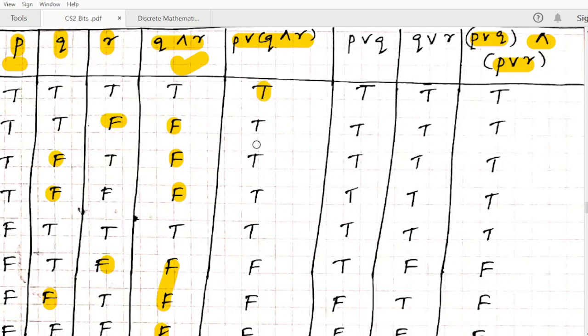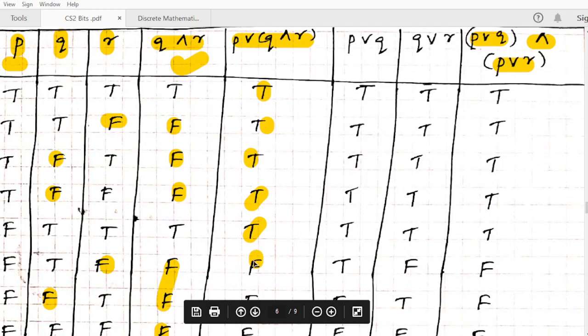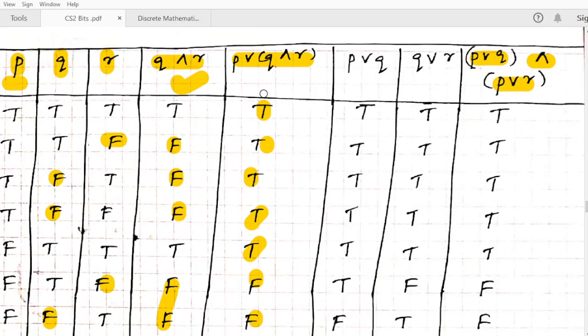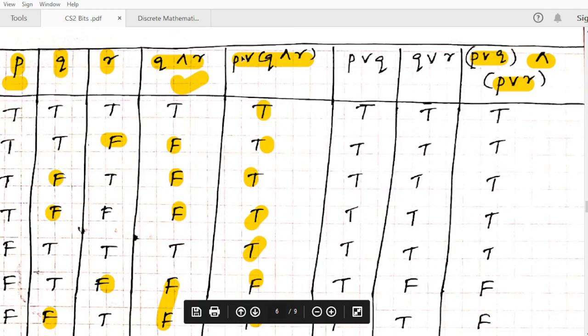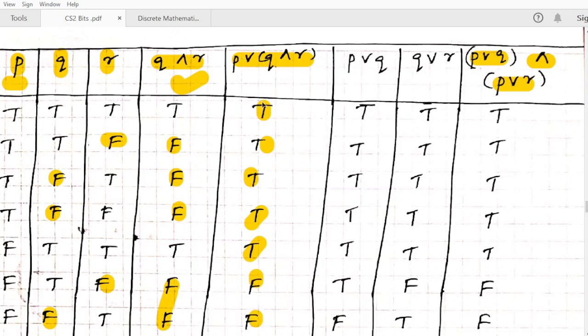So true, true is true; true, false is true; true, true is true; true, false is true; false, true is true; false, false is false. We are simply using the truth values for the OR operation. Okay, so we get the truth values for our proposition P or (Q and R).